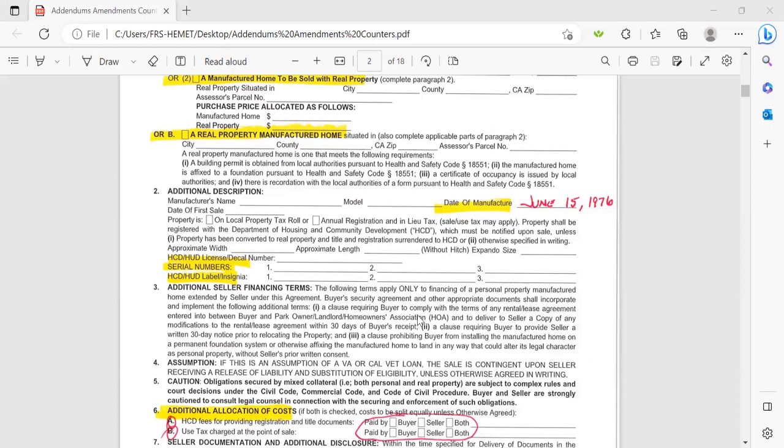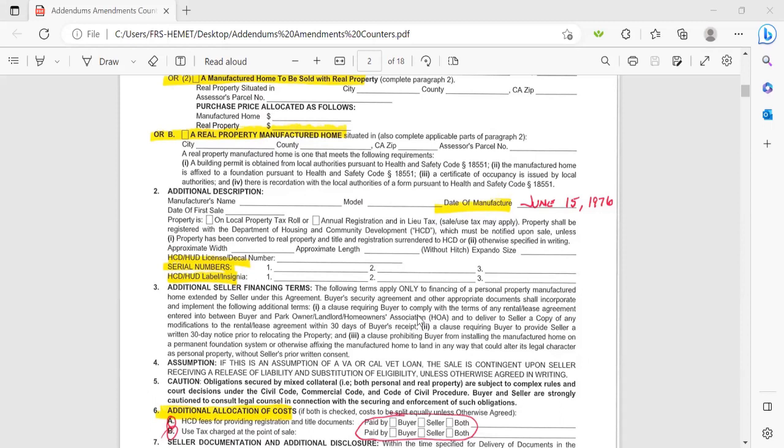Check on the front corners of a manufactured home. Check on the back part as you would be pulling it down the street. Look at the back and see if there are decal numbers on there. Look sometimes inside next to the water heater to see what serial numbers are. There's also another place you can usually find them.